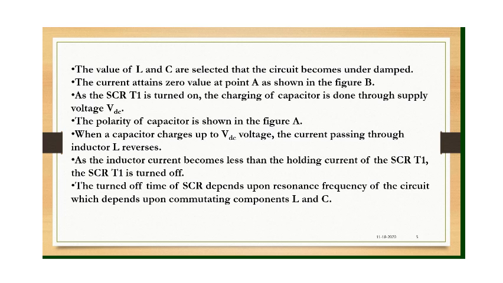When the capacitor voltage charges up to VDC, the current passing through the inductor now reverses. As the inductor current becomes less than the holding current of the SCR, the SCR turns off. So this turn-off time depends on the values of L and C, the commutating components.